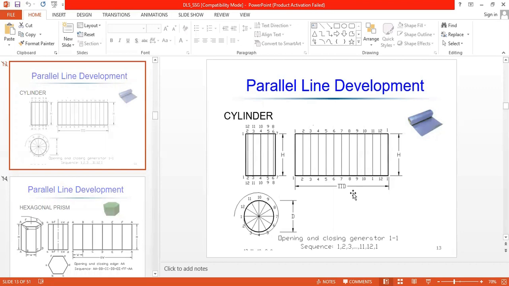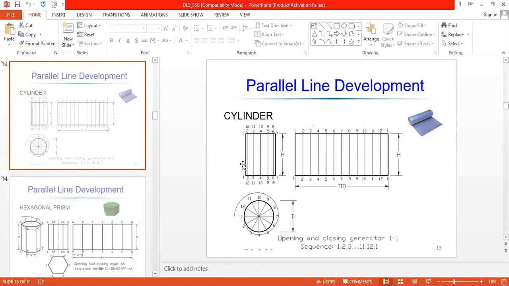That is the pi D distance, then the height is the same, H. Then divide this circle into 12 equal parts, starting from this, 1 2 3 4 5 6 7 up to 12.